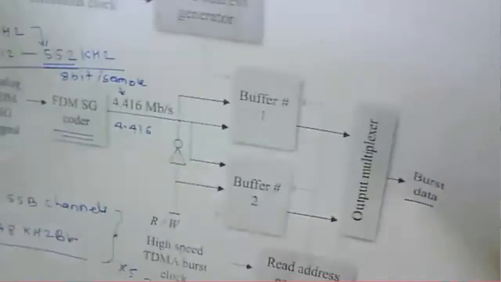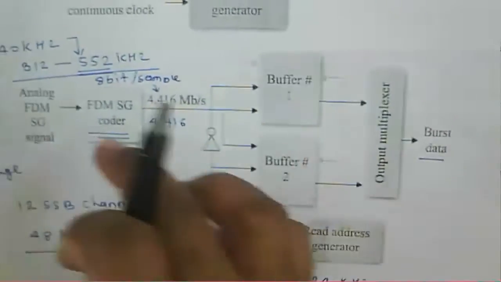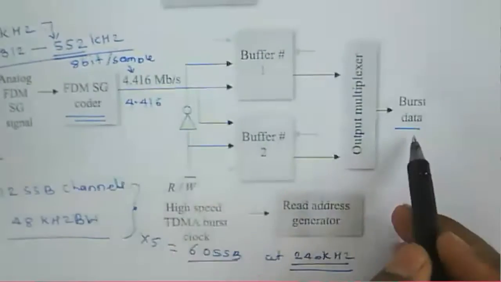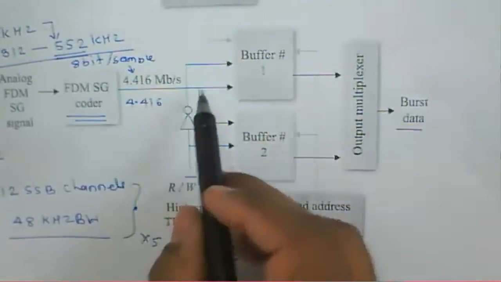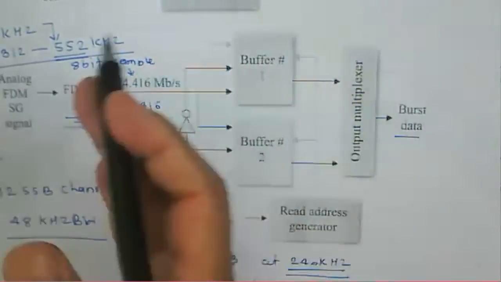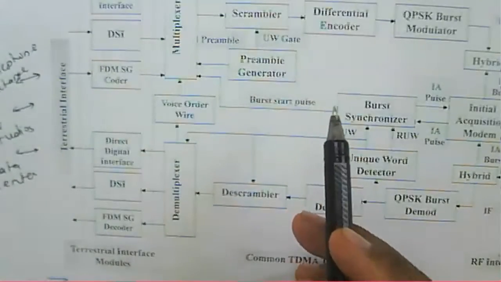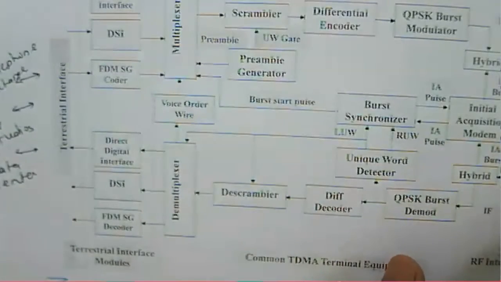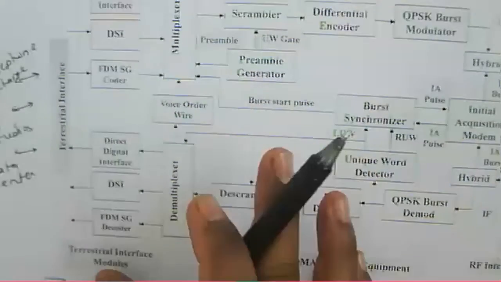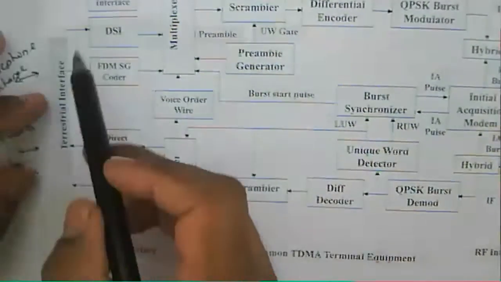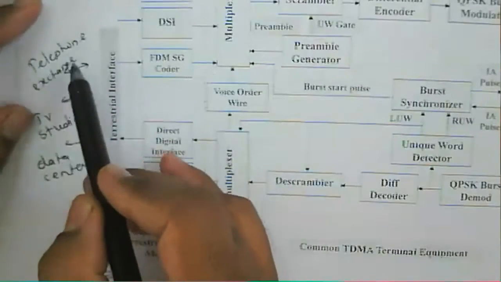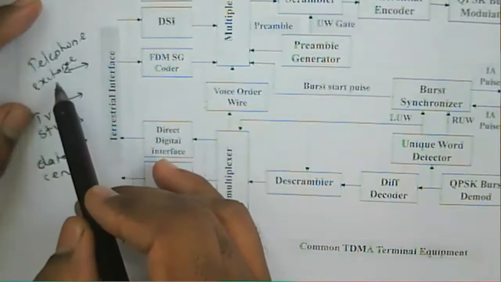So that is about the FDM supergroup coder. At the transmitting side, we get a high data rate because compression buffers are there. At the receiving side, this buffer acts as an expansion buffer, so that we get the analog output that we require for the trunk exchange or telephone exchange.